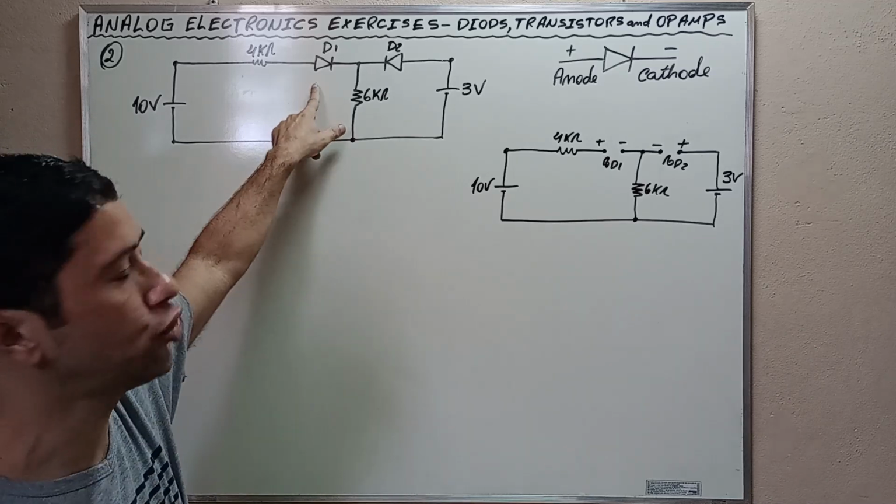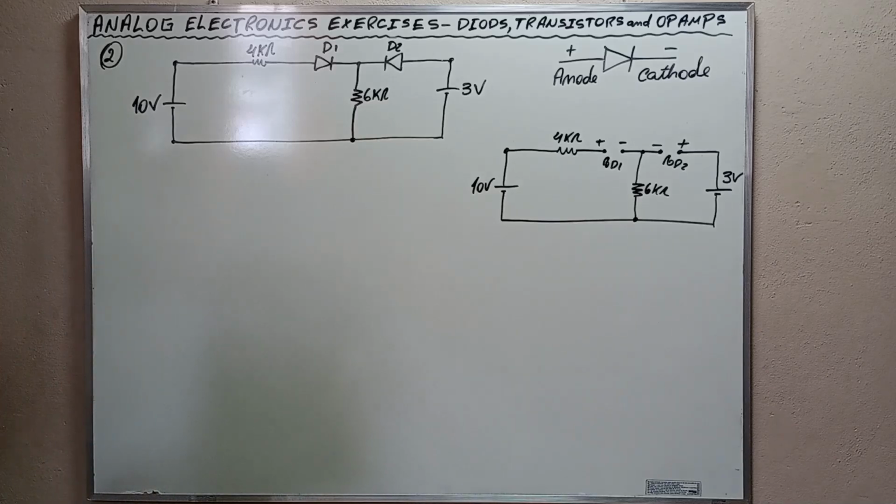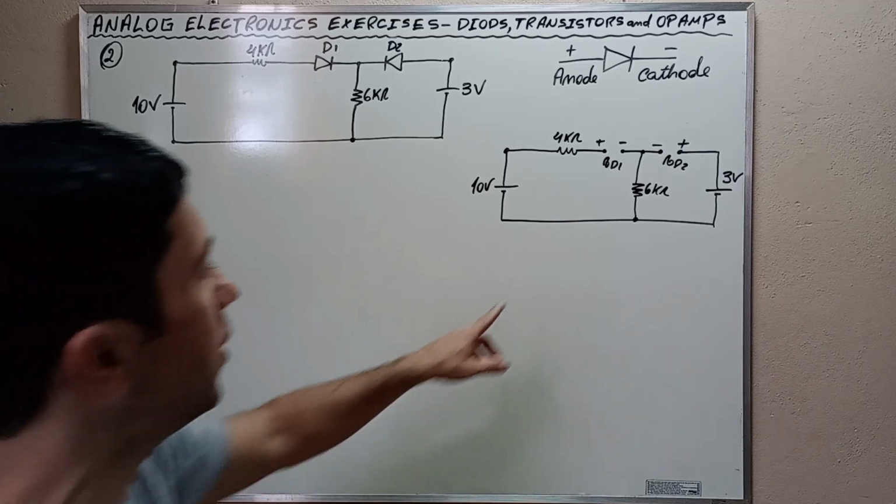We are going to assume that both diodes are off, that is, not conducting, and the exercise wants us to verify whether this is valid or not. If we assume that both D1 and D2 are off, then the equivalent circuit is this.